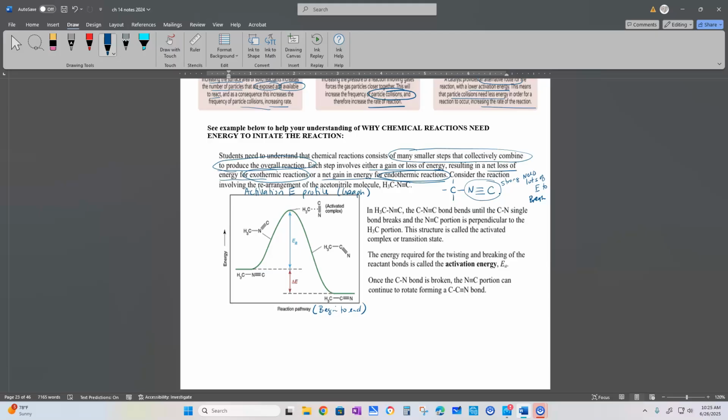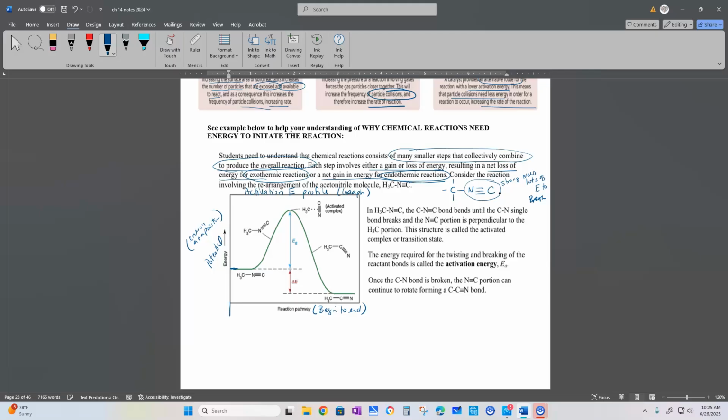For the y-axis, you may see not only the word energy, but also potential energy. Potential energy is the energy at a particular point in position. So right here in the beginning, connected right there, this is our starting energy.